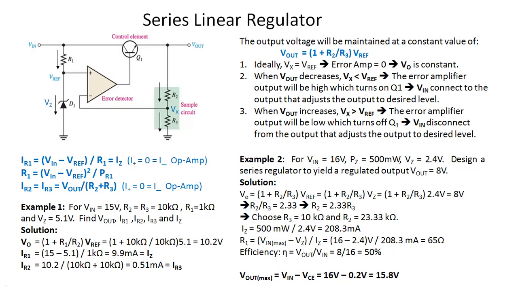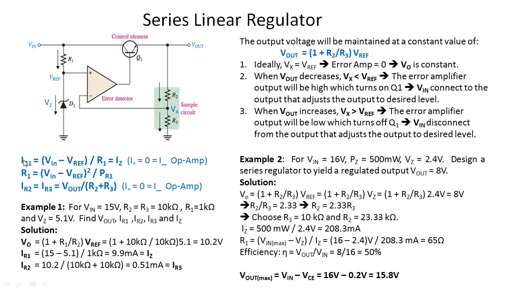So here, if we are solving for the value of resistor R1 in the form of power, we know power is nothing but V into I. So you can write I square R. If you solve these equations, what will R1 become? V in minus VREF upon IR1.